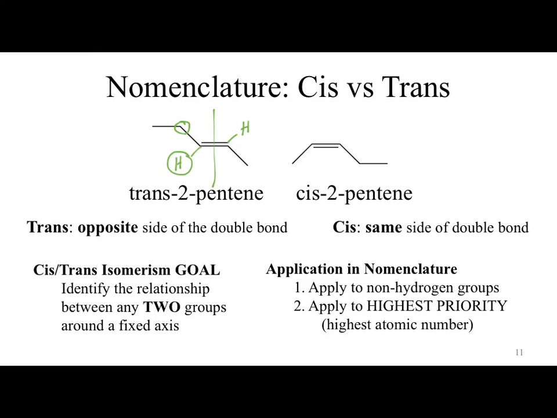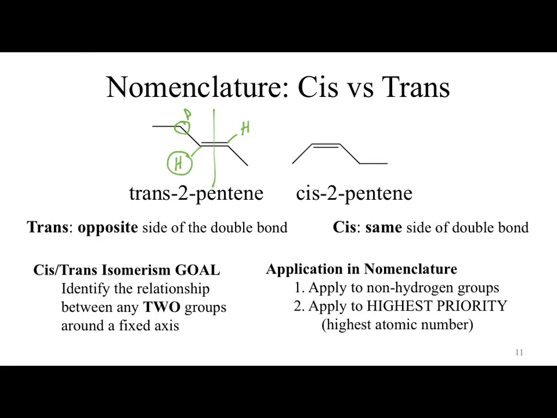Carbon versus hydrogen, which one's higher priority? Carbon. Why? Right idea, atomic number. The exact same rules that R and S had. We assign based on atomic number. Carbon has a higher priority than hydrogen.